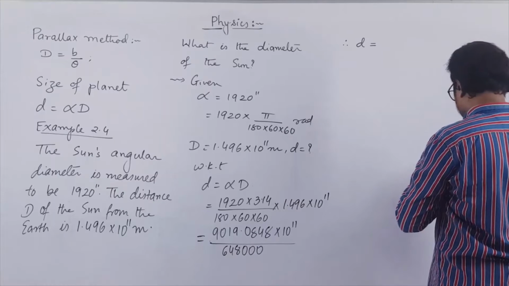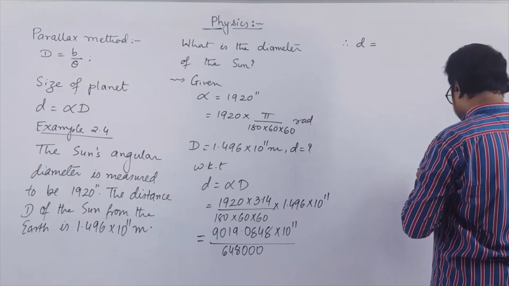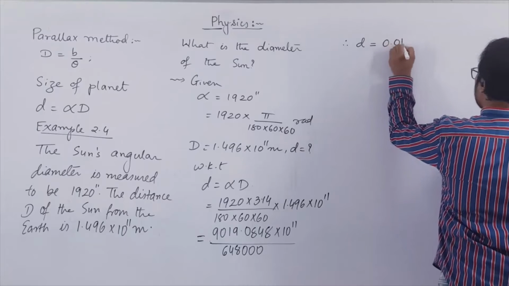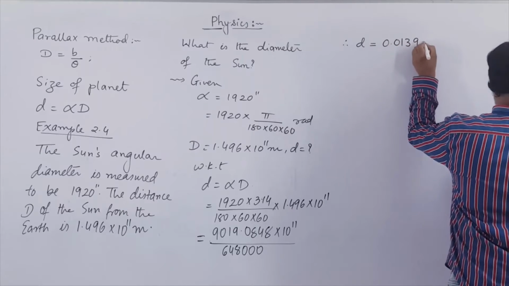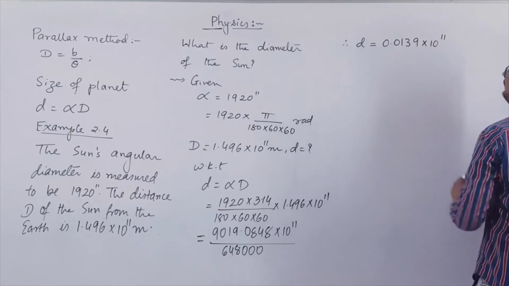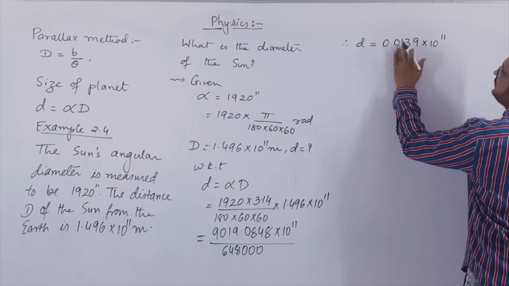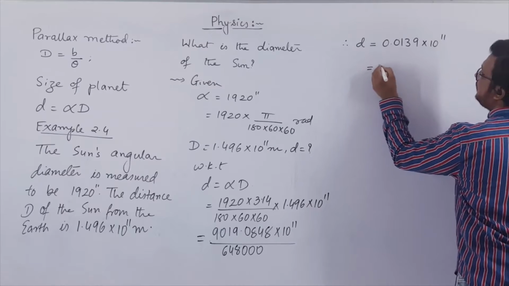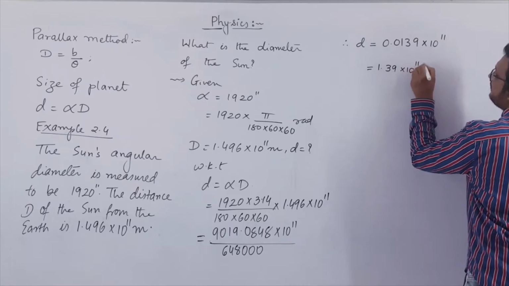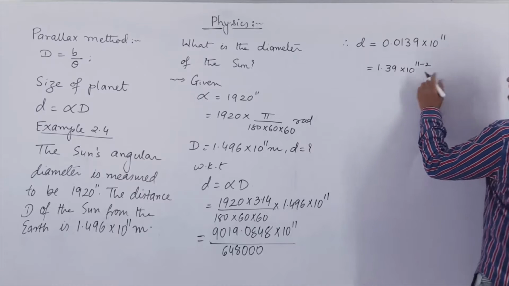Therefore the diameter of the sun d will be equal to 9019.0848 divided by 648000. You will get 0.0139 into 10 to the power 11. Now shift 2 points to the right hand side, 1, 2. So if you shift 2 points to the right, you will get 1.39 into 10 raised to 11 minus 2, because we are shifting 2 points, so minus 2.